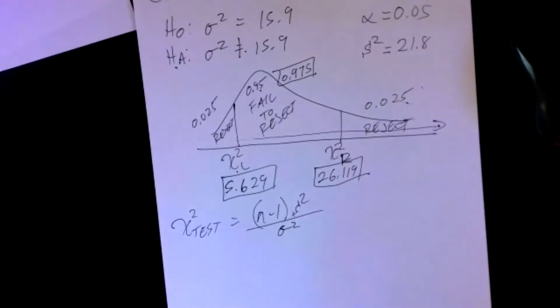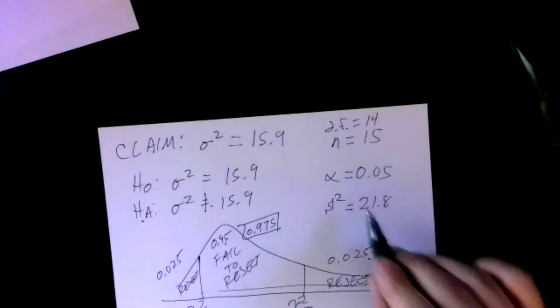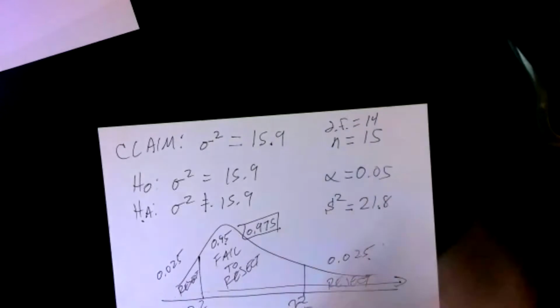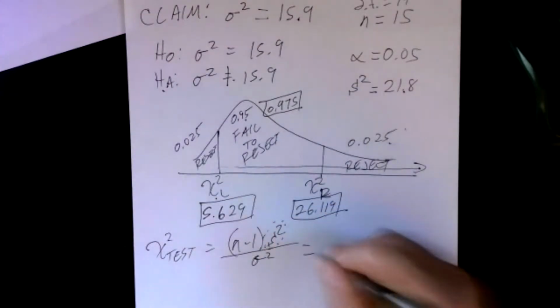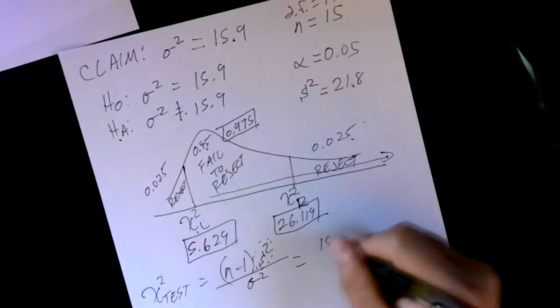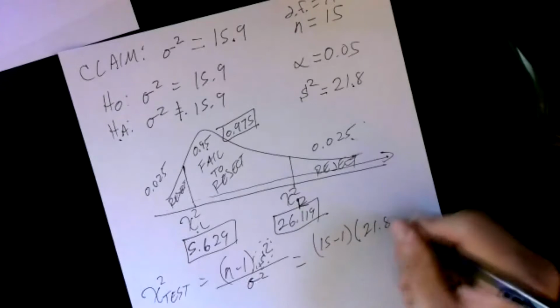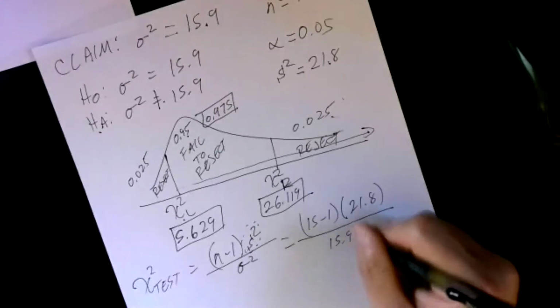Now, be careful. We are doing variance. We have sample and we'll assume population variance. When we plug this into the formula, there's no need to square it. 15 minus 1. Sample variance is 21.8. We assume the population variance from the claim is 15.9.